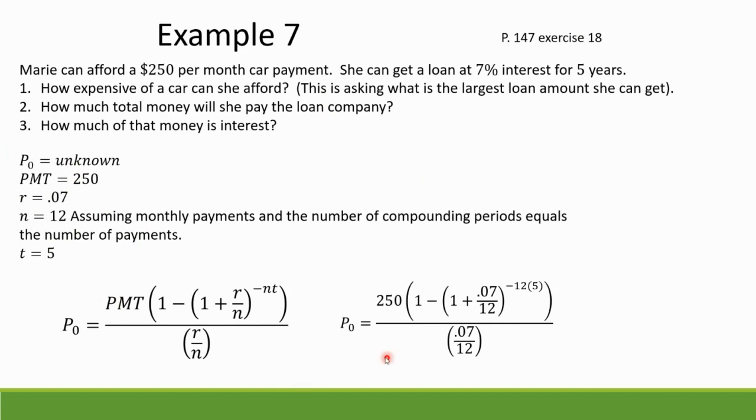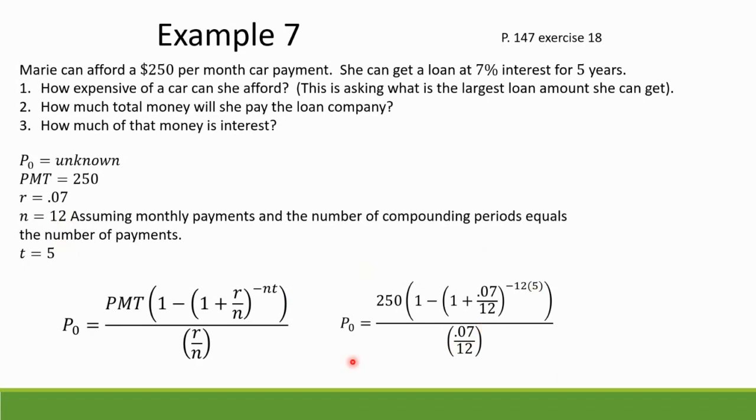This is our formula, so we're going to plug it in. P0 is what we're looking for. PMT we have is 250. Originally, I was going to say that this 250 must be negative, but not in the formula, only in the TVM solver. We plug everything else in. R is 0.07, N is 12, T is 5. So this is what we get.